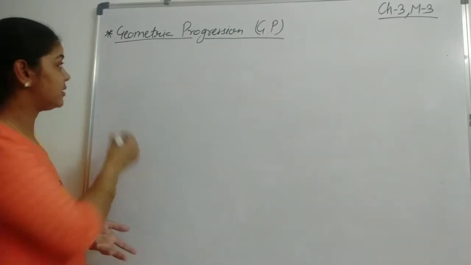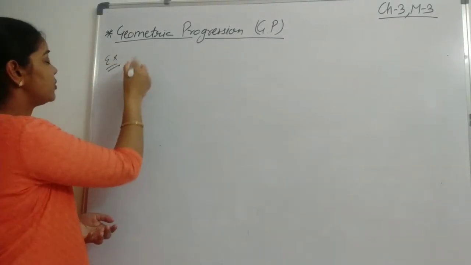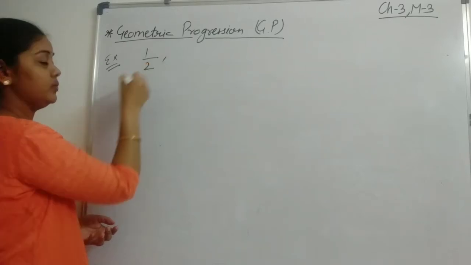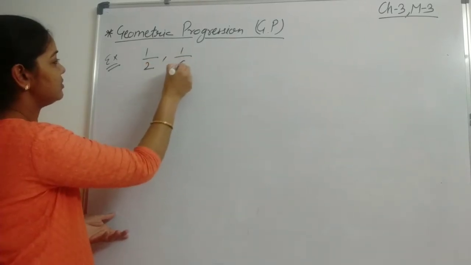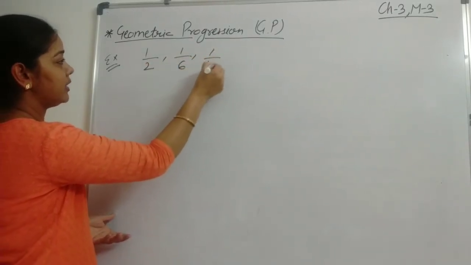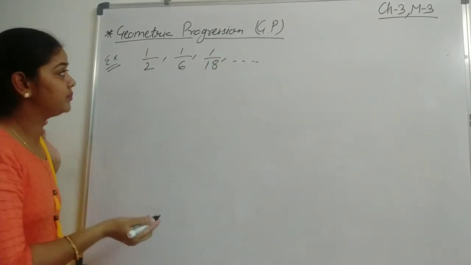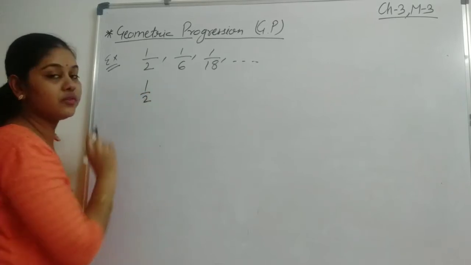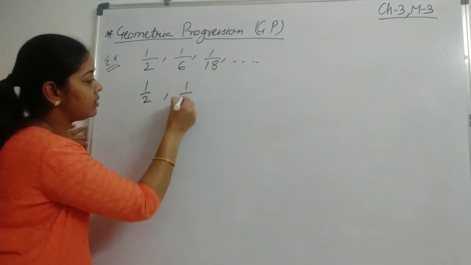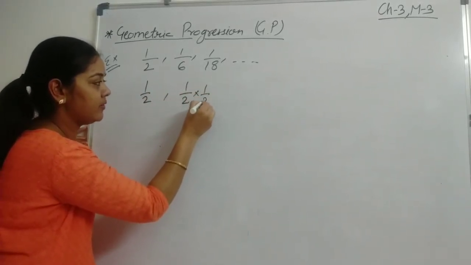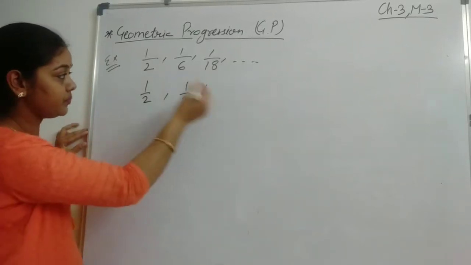Let us take one more example. Suppose the first term is given to us as 1 upon 2, the next term is 1 upon 6, then 1 upon 18 and so on. Now is it a GP? Check here. The first term is 1 upon 2. We get the second term when I multiply by 1 upon 3.